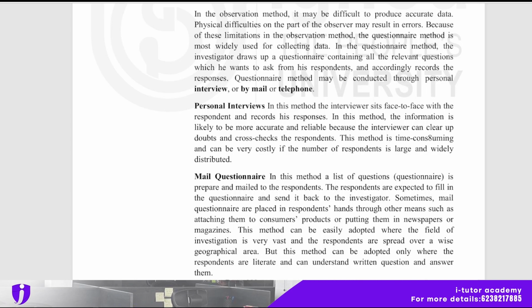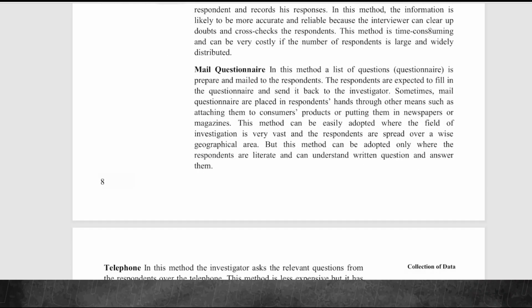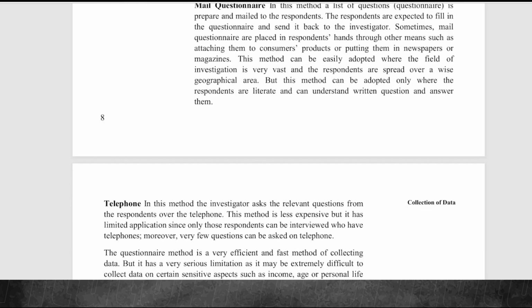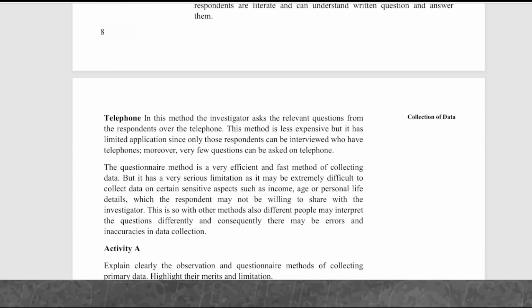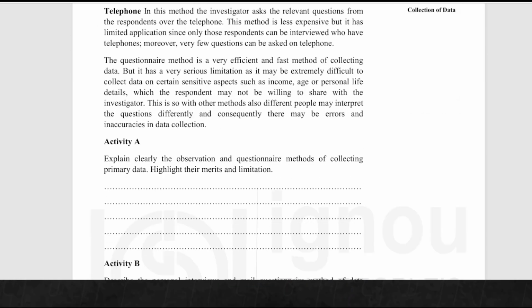This method is time consuming and can be very costly if the number of respondents is large and widely distributed. Mail questionnaire: in this method, a list of questions is prepared and mailed to the respondent. In the telephone method, the investigator asks the relevant questions from the respondent over the phone.